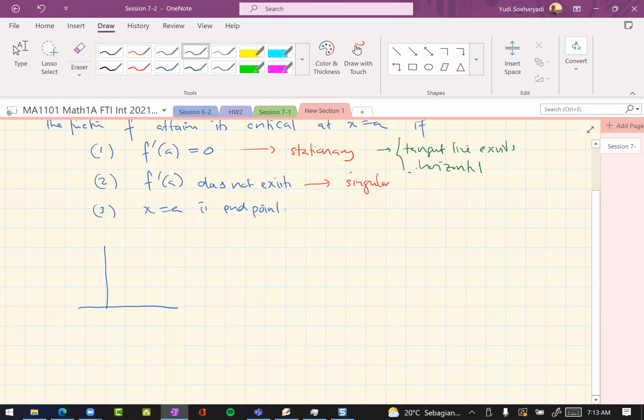Okay. And singular, well, we know that the derivative doesn't exist. If it is, say, not continuous, or a, how do you call it? Corner. I would say just corner.